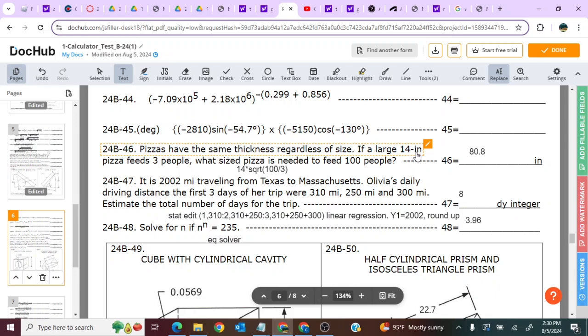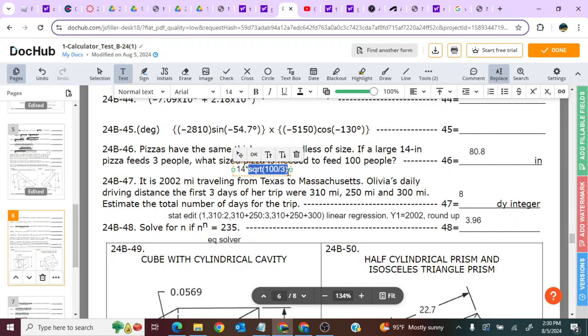I don't actually remember which one, but it doesn't matter. In any case, since you're multiplying by r squared to get the area, to figure out the new length, you have to take the square root of the multiplied difference in the amount of people you have to serve. So square root of 100 divided by 3, multiplied by 14, you get 80.8 inches. A very, very large pizza.